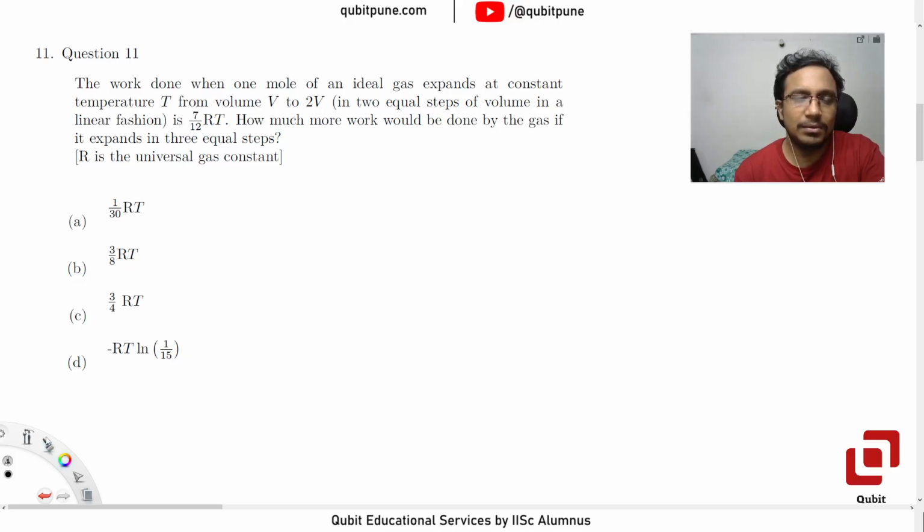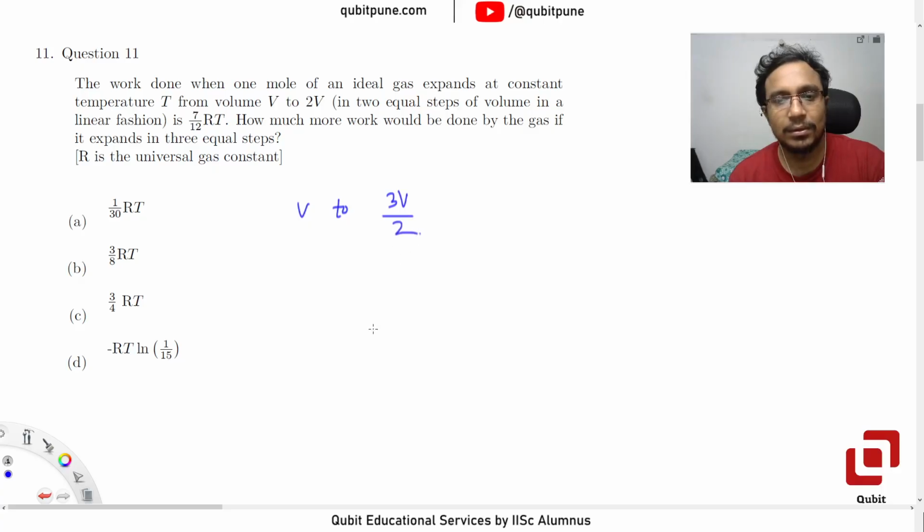Okay, at constant temperature from V to 2V in 2 equal steps of volume in linear fashion. Okay. So I believe first the volume changes from V to 3V by 2 and then 3V by 2 to 2V.